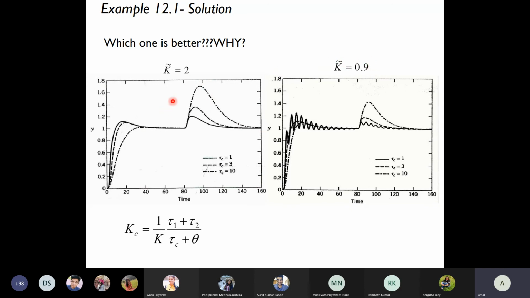If you compare the results, we'll see that tau c is equal to 3 is more robust compared to tau c is equal to 1. So normally we'll take tau c is equal to 3, which will take care of the error in estimating the process model. So tau c is equal to 3 gives a more robust tuning parameter for the PID controller. Okay.